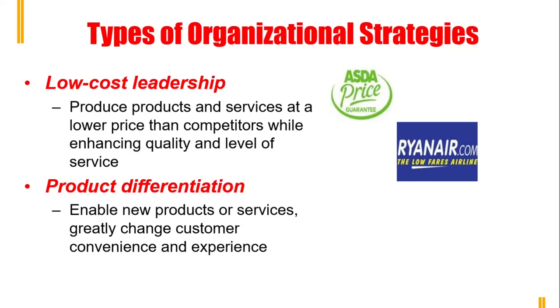For example, Galaxy chocolate, Galaxy vanilla, Galaxy strawberry: if you have different tastes, all of your core processes, the pipeline, the machines and the people's skills are the same, but the packaging and the final flavor are a bit different. So you enable new products or services, greatly changing customer convenience and experience without changing a massive amount of your operating costs and operating procedures.